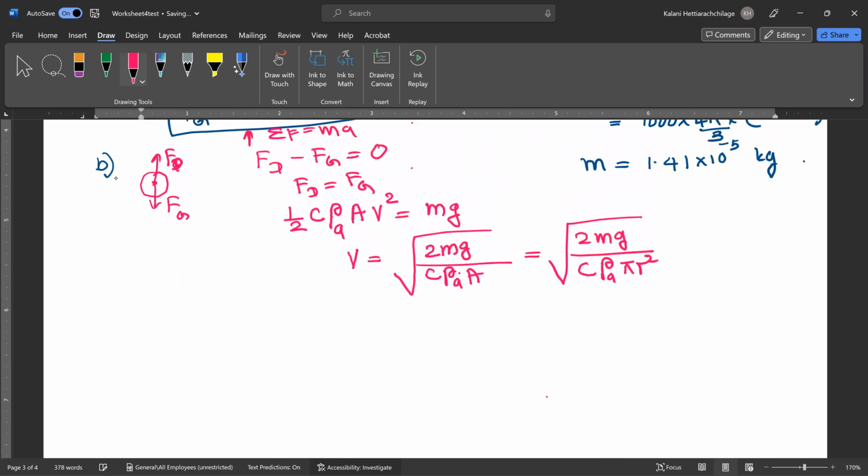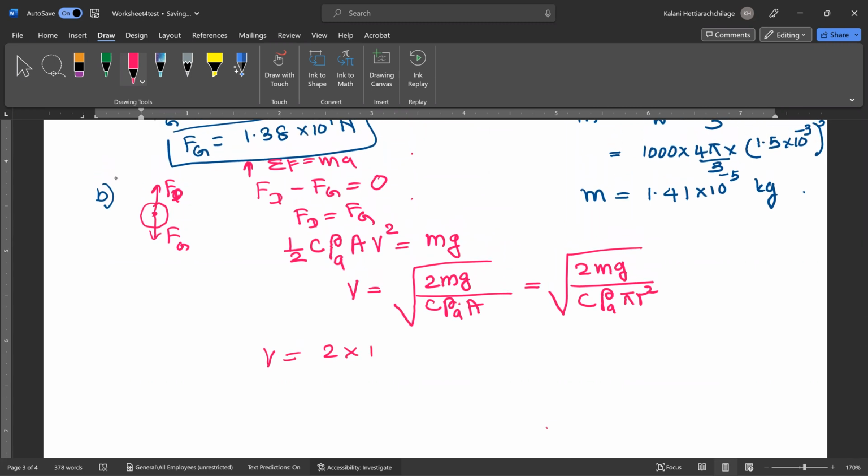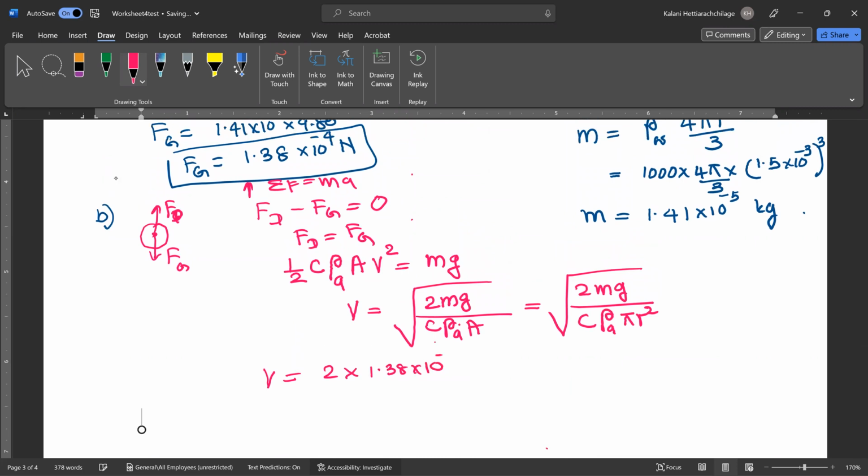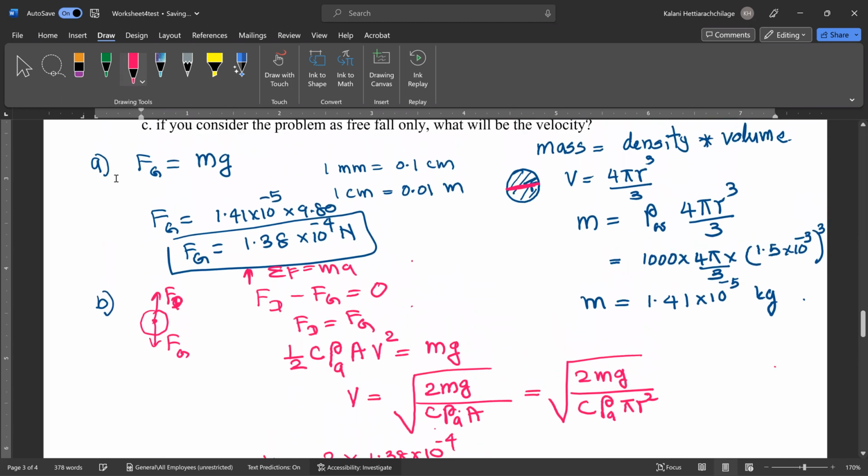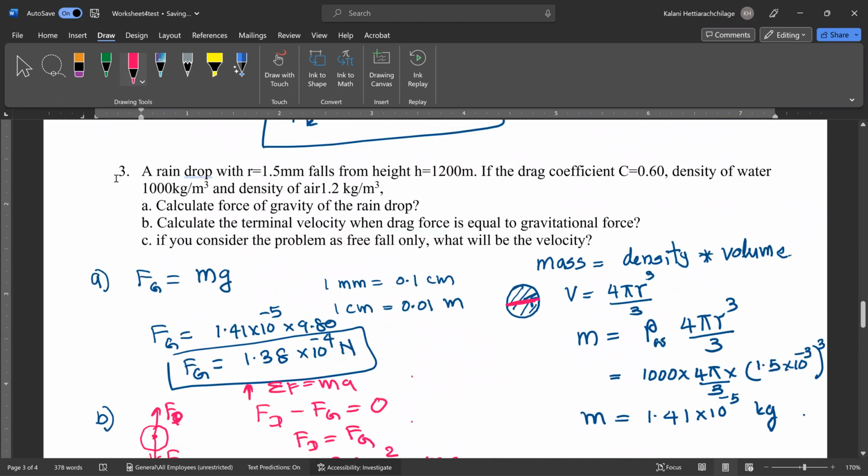Okay, so let's plug in the values. Velocity equals 2 times mg. You already calculated the mg at the top, 1.38 times 10 to the negative 4. That is mg, and we are going to divide by the drag coefficient, which should be given in the question, that is 0.6.